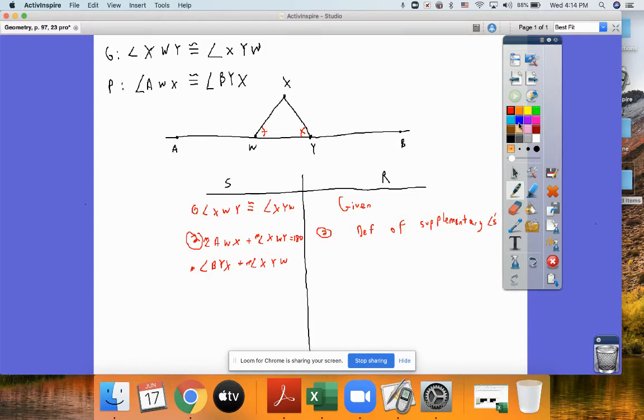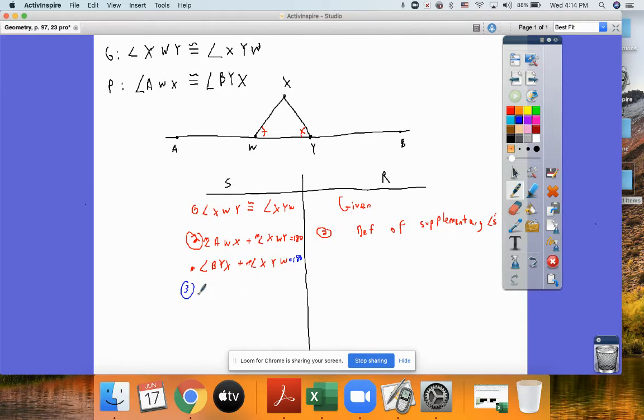All right, let's use another color. Number three. Got them added together. Oh, almost forgot. That's equal to 180. Well, since they're both equal to 180, I'm going to say they're equal to each other.